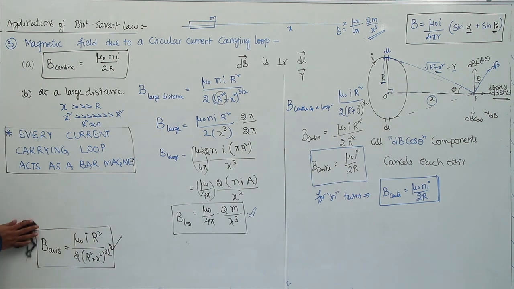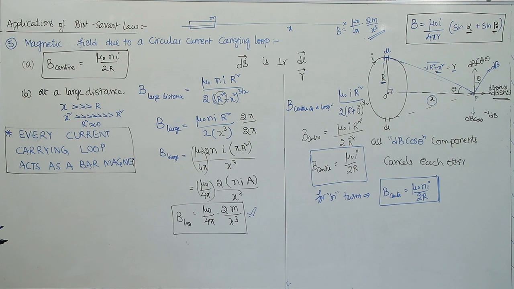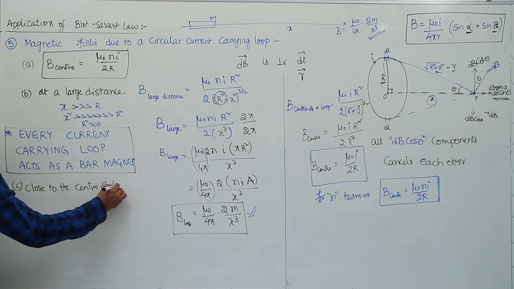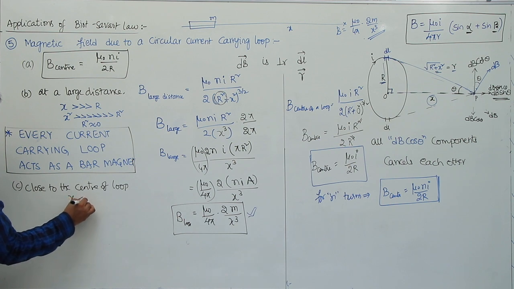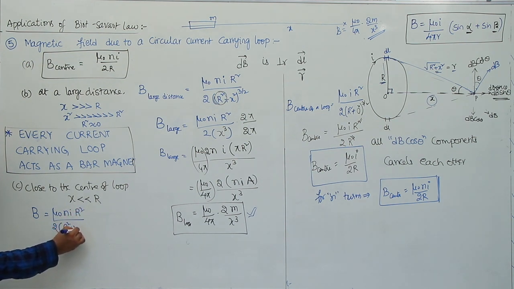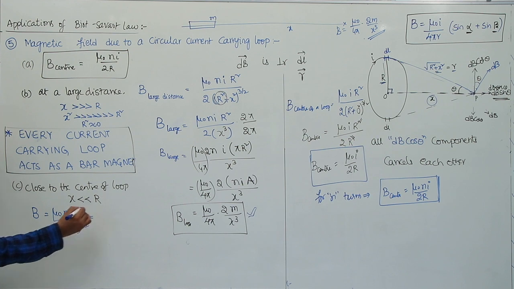Similarly, if you take the third case where x is not that big, so close to the center of the loop, that is x is much lesser than r. In this case, how do we write the magnetic field? The magnetic field at a small distance is given by mu naught n I r square by 2 of (r square plus x square) whole power 3 by 2.